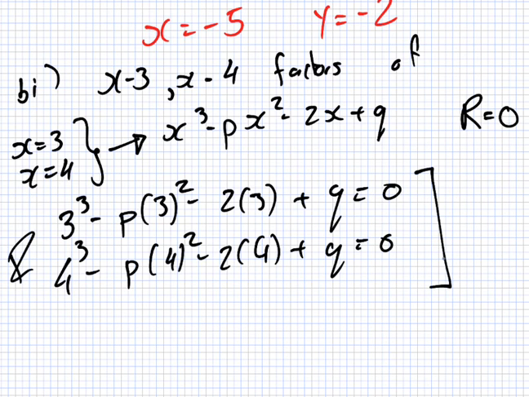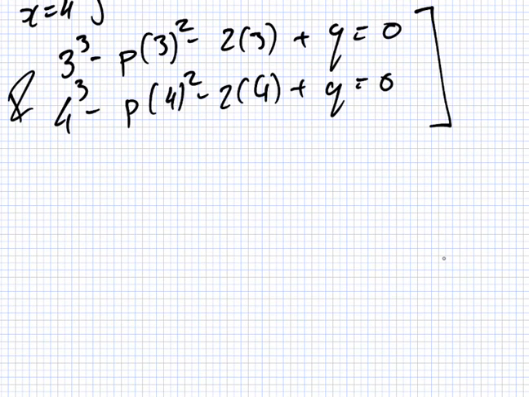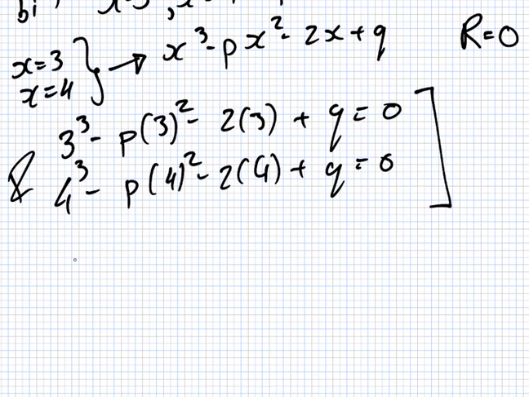So we'll clean those up. We get minus 9p plus q. This will be 27, 27 minus 6 is 21, to the other side is minus 21.